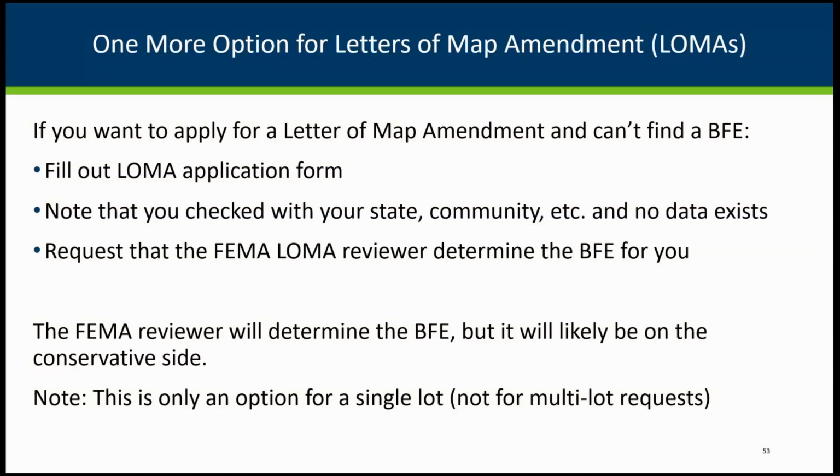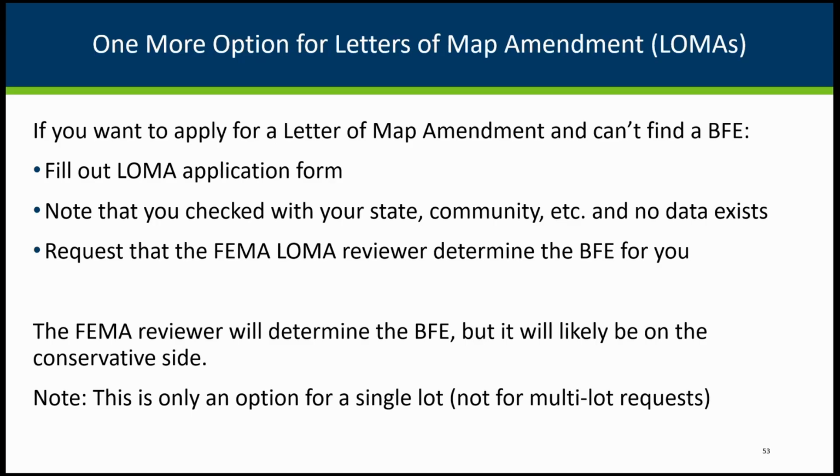And then just another option to be aware of is, let's say you've got a site and we don't have our pink lines, we don't have our supporting A-zone models. It's not a lake where it makes sense to use our shoreland method. There's no LOMAs in the area that are helpful. You've checked with the DNR, and we've looked at bridge information in the area and other data in the area, and we can't find anything.